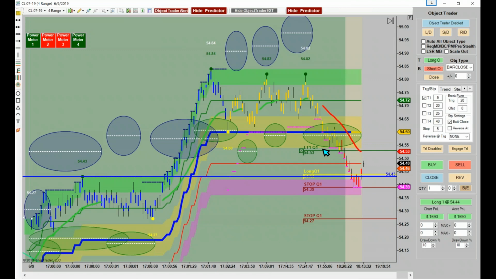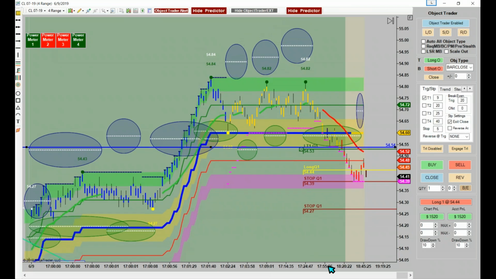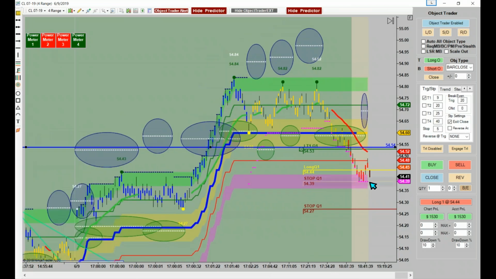See it on the left? I would draw my line, and I pretty much expect it to hit its head at that line right there if it's going to roll over. And it might roll over quicker than that. We don't know. We'll see what it does. And if it stops me out, it stops me out. Okay, because that is a legitimate phantom trade.